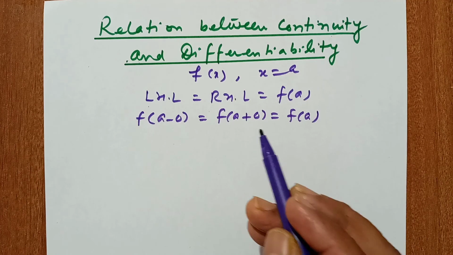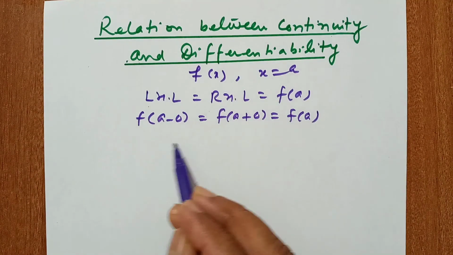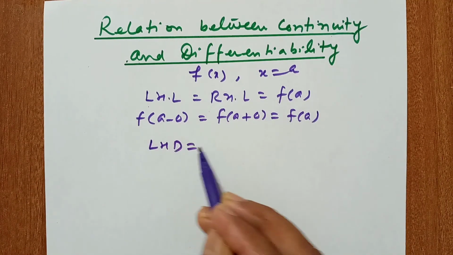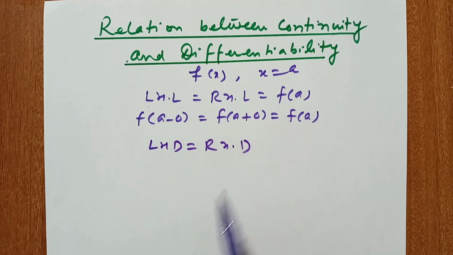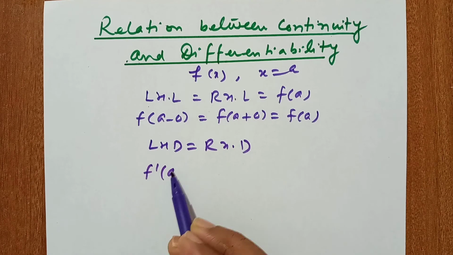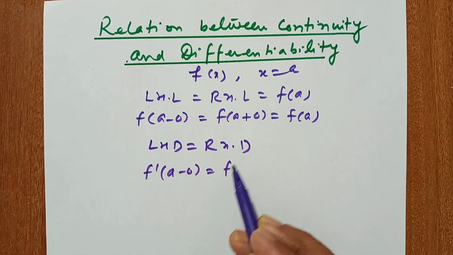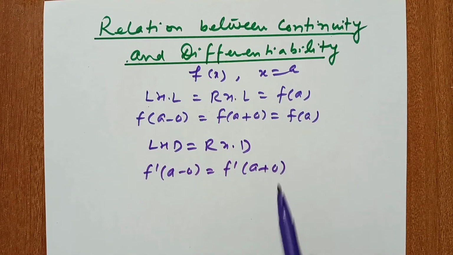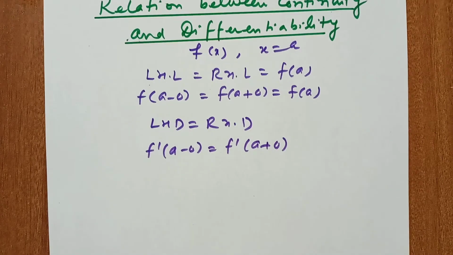But in case of differentiability, left hand derivative is equal to right hand derivative, if both exist. It means f dash a minus 0 is equal to f dash a plus 0. So what is the relation between a continuous function and a differentiable function?